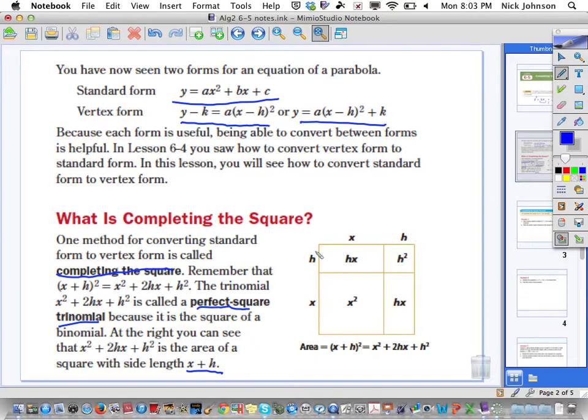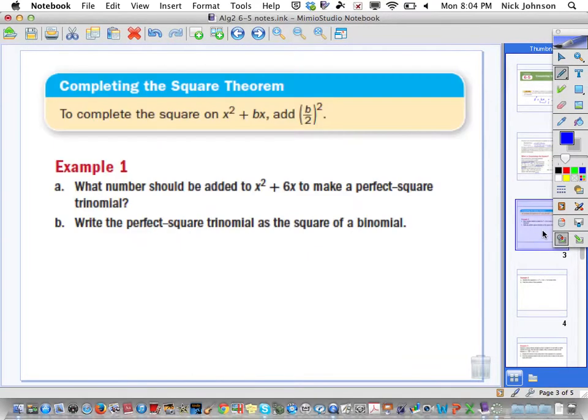All these added together give you this. The reason we go from vertex form to standard form, or from standard form to vertex form, is that you're going to take a standard form and put it into this quantity squared. So that's why we have completing the square.